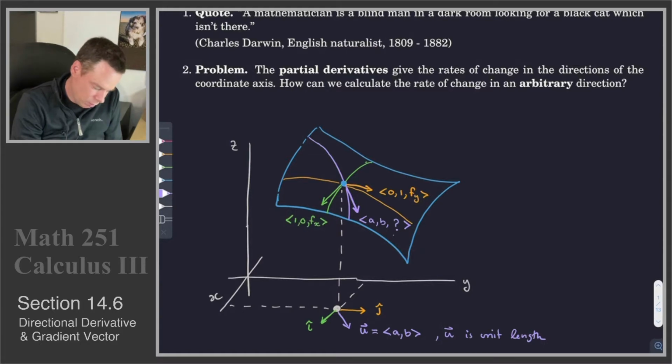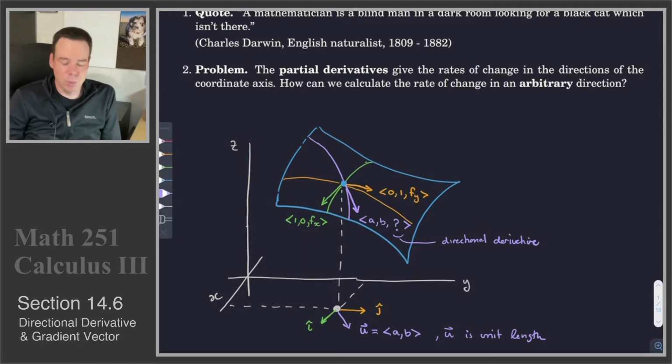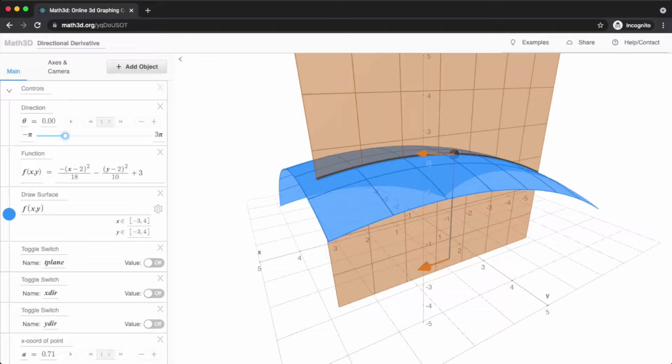The value that goes here, this is what we're going to call the directional derivative. As our inputs move in the direction of the unit vector u, that quantity there would be how the z value is changing. If we move in the x direction, that's the x partial. If we move in the y direction, that's the y partial. If we move in this arbitrary direction u, that's called the directional derivative.